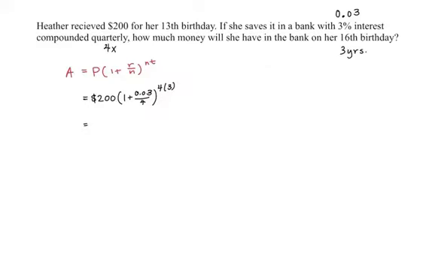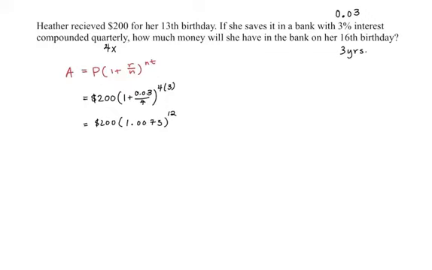Okay, I'm going to go ahead and simplify this. I will get 200, so I'm going to leave that there because I need to deal with my exponents and stuff in parentheses first. 1 plus 0.03 over 4 is 1.0075, and then 4 times 3 is the 12th power.